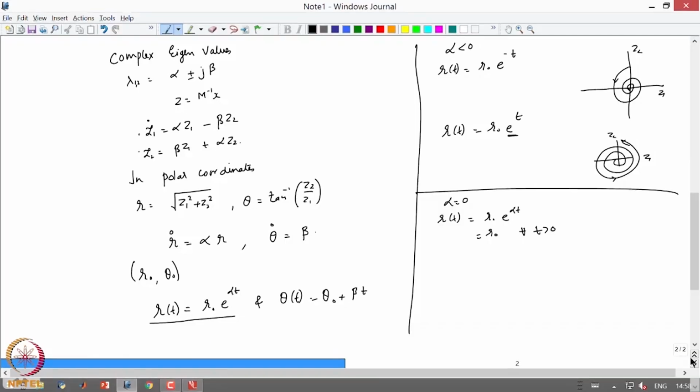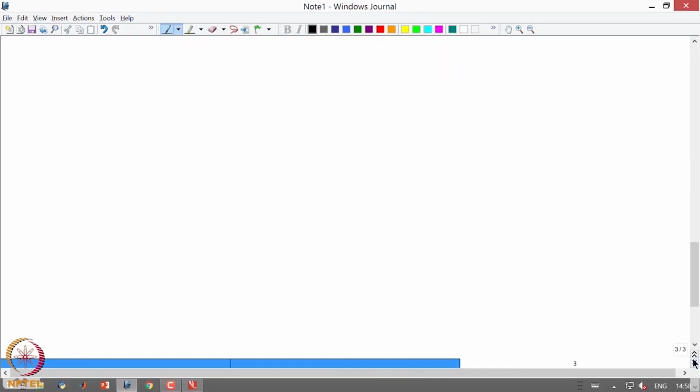Okay, so let's check this in a bit more detail. When we have non-zero multiple eigenvalues, this means essentially that lambda 2 and lambda 1 are equal to lambda, and this is actually not equal to 0.